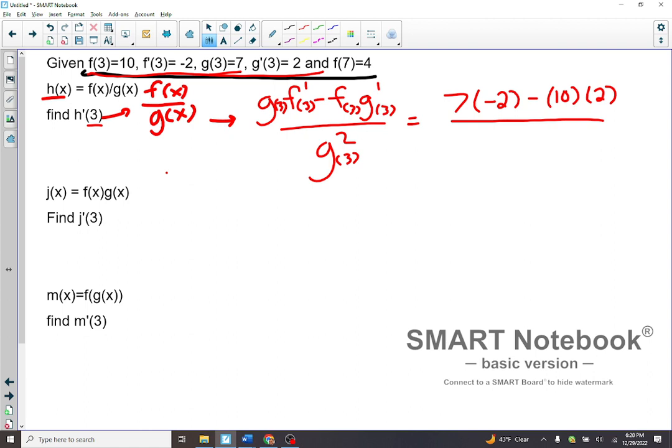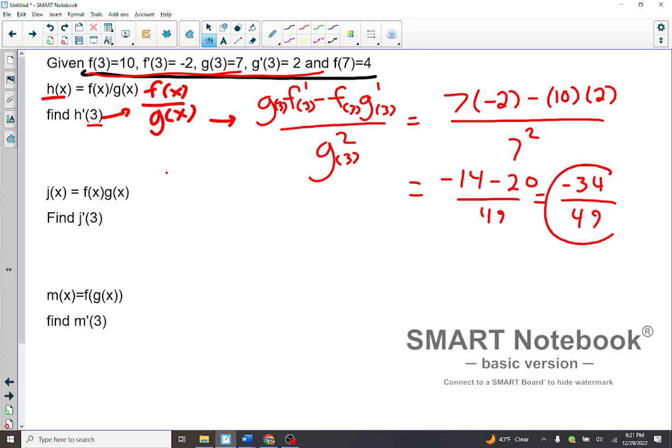So g squared of 3, which is 7 squared. From here, now you just do some arithmetic. Negative 14 minus 20 over 49, negative 34. Oh, I thought I set it up so I could actually simplify. But 49... I almost did it correctly. But either way, negative 34 over 49, you can't simplify that, but that is your answer.